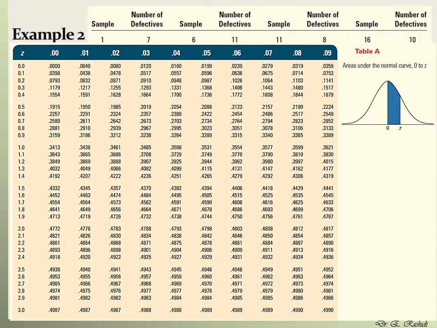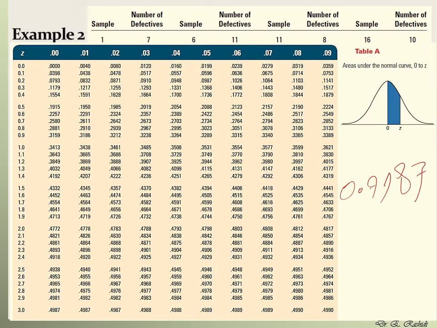So the probability that's given in the problem is 99.87. As we said when we described this table, you need to add 0.5 to the numbers here to be able to find the corresponding Z value. So 0.9987.